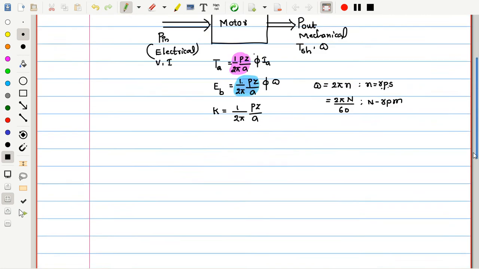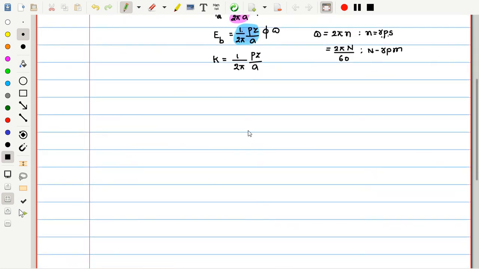And when we go with the schematic diagram of this motor, as with the generator case, let me take the armature like this, and the armature has its own resistance Ra, and the induced EMF here in case of motor we represent as E, but it is represented as EB, back EMF.